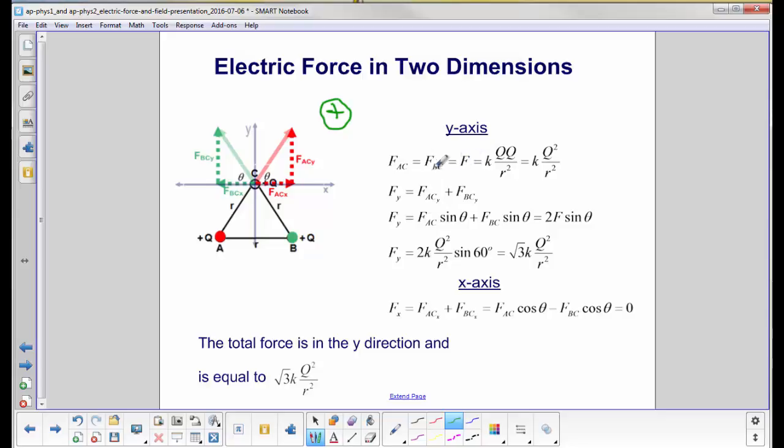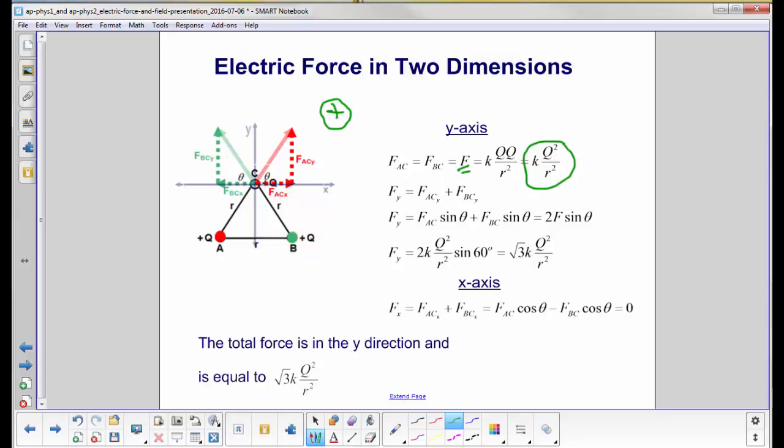We're going to get rid of the subscripts here because they're equal. The force in both cases is k, we use Coulomb's law, times the 2 charges, they're equal, divided by R squared. Right? The distance here is R, the distance here is R. So our total force due to the charges is going to have a magnitude of kQ squared over R squared.